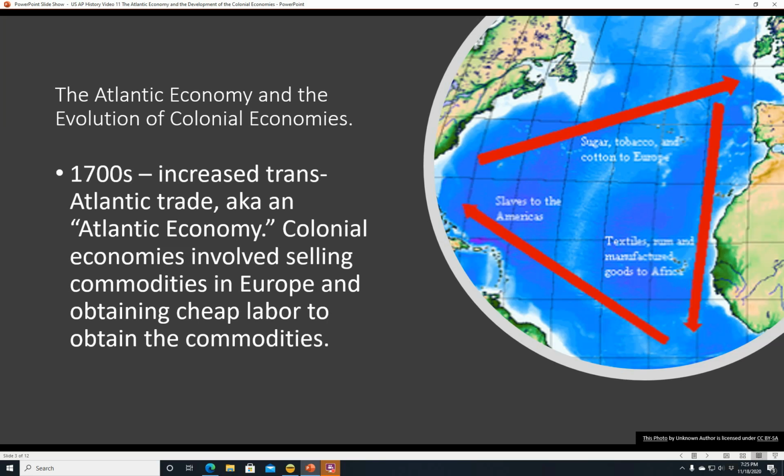Through traders, of course. And so colonial economies in the Americas basically sold their commodities in Europe, and to get the commodities in the first place by growing them out of the ground, etc., they needed lots of cheap labor to obtain the commodities. Thus, indentured servants and actual slaves were used, as well as other laborers.